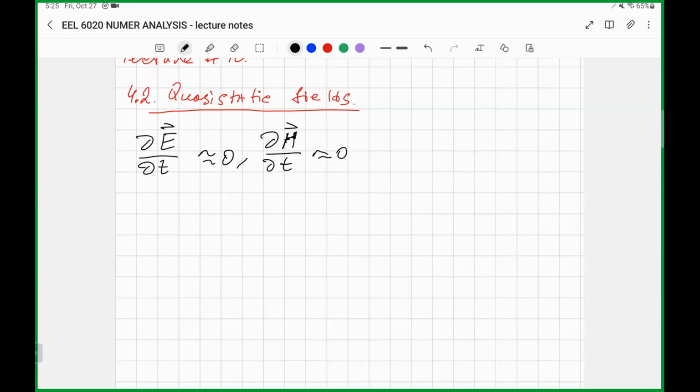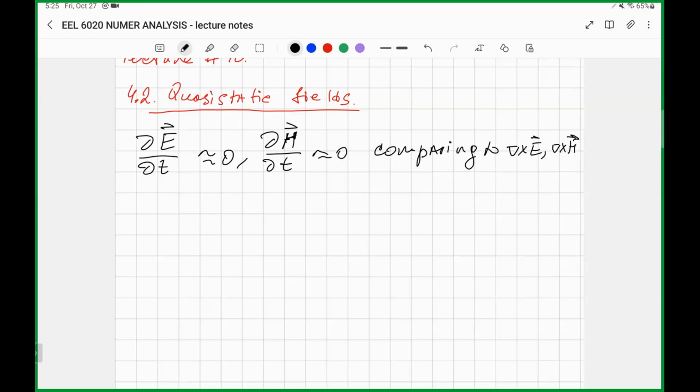So we omit the time dependence of the fields, comparing to spatial derivatives like the curl, for example.